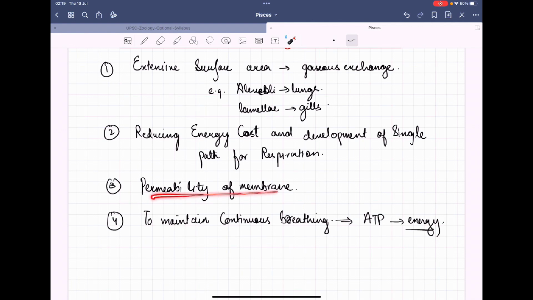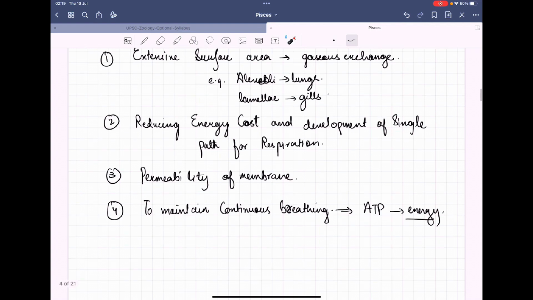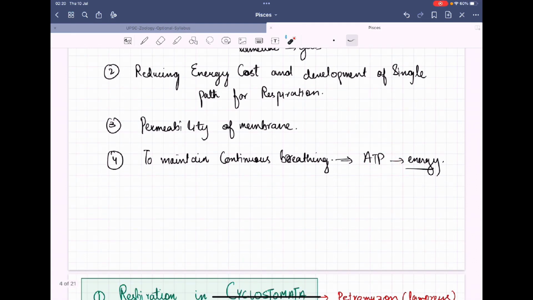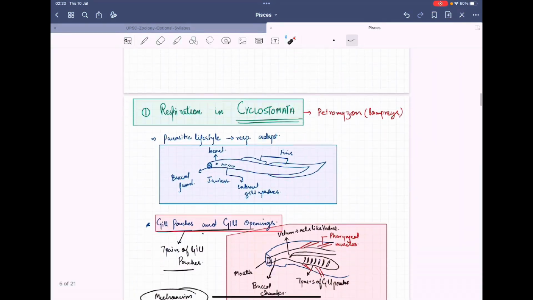Then it also depends upon the permeability of the membrane. So the better the permeability, the better is the exchange of gases. Cutaneous respiration is not as efficient as it is in the alveoli and gills. So in order to maintain continuous breathing, to produce a continuous supply of energy in the form of ATP. So this is why the respiration evolved.